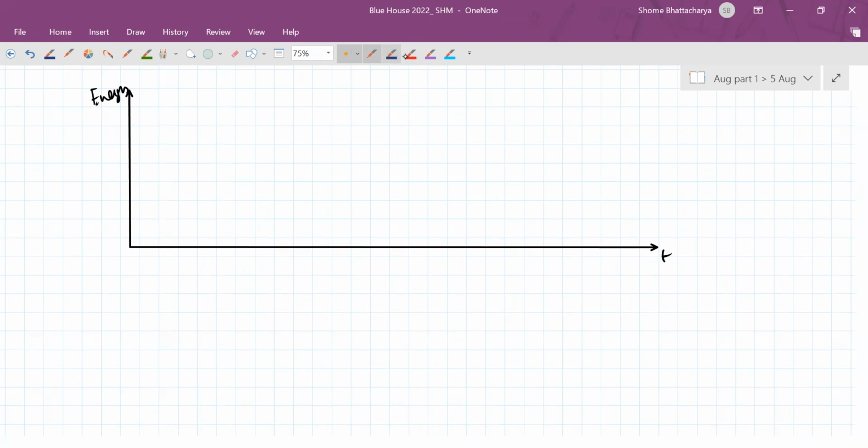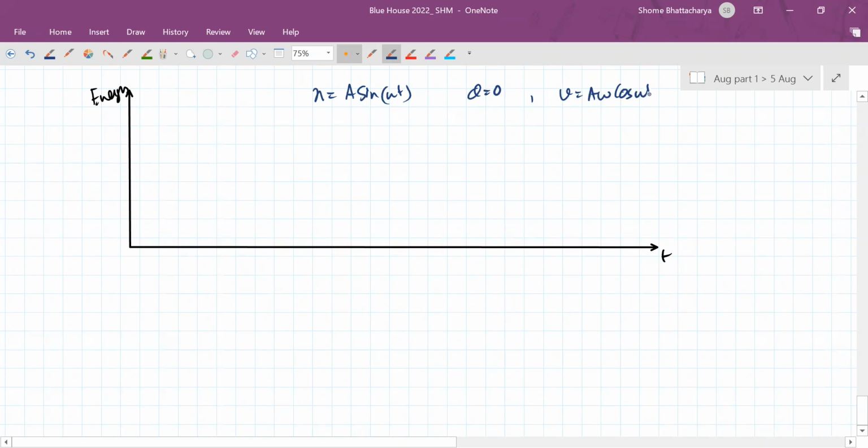So let's take the simple example of x is equal to a sine omega t. Take the phase constant as 0. So v becomes a omega cos omega t. So you can see that potential energy is half k a square sine square omega t, whereas kinetic energy is half m a square omega square cos square omega t. So we'll plot these two.